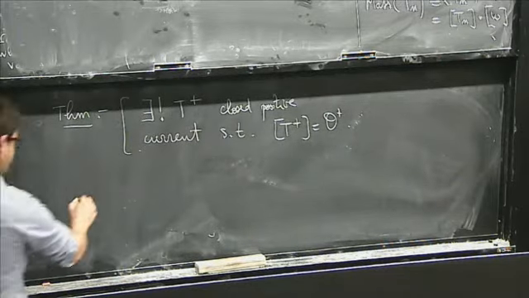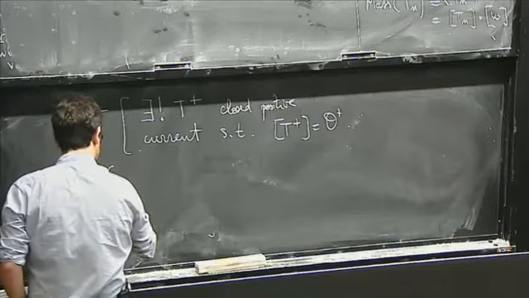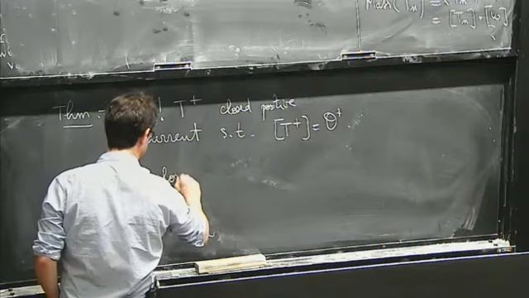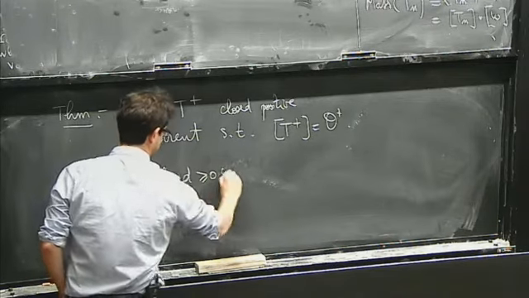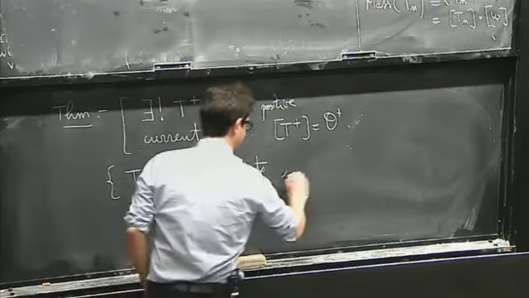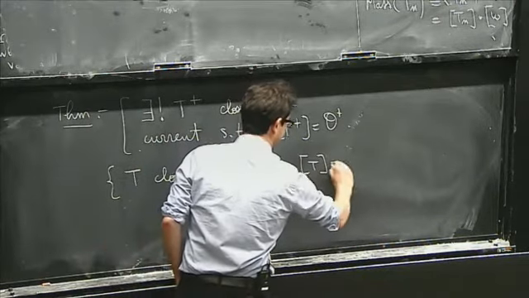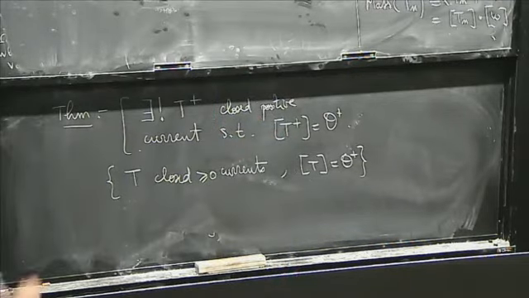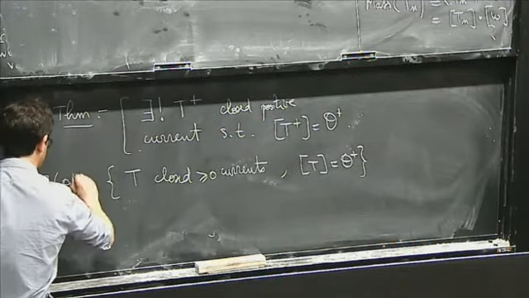So if you fix the class theta plus, you can look at the set of closed positive currents T such that the cohomology class of T is theta plus. Let's call this set C of theta plus.